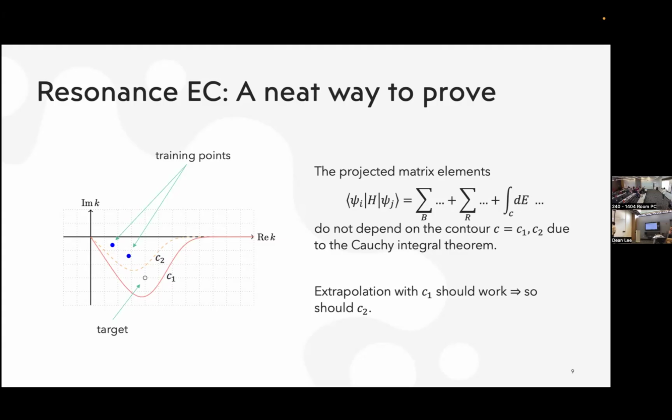But now if you think about how EC works, you only care about the matrix elements given by this expression, and you only have an interpolation along this contour. And if there are no singularities here, you can actually deform the contour. You can make it smaller from C1 to C2, and none of these matrix elements would change. So the extrapolation would still work. So yeah, that's the argument.